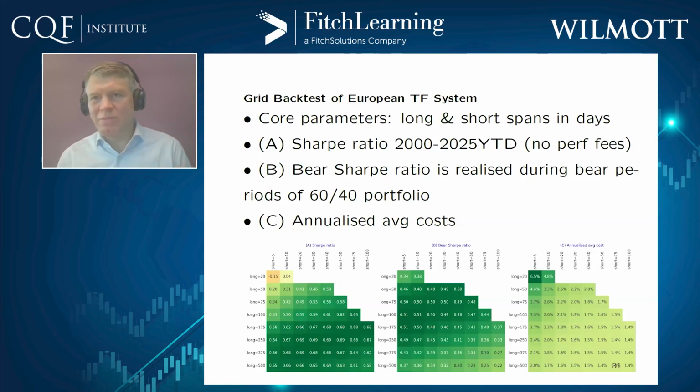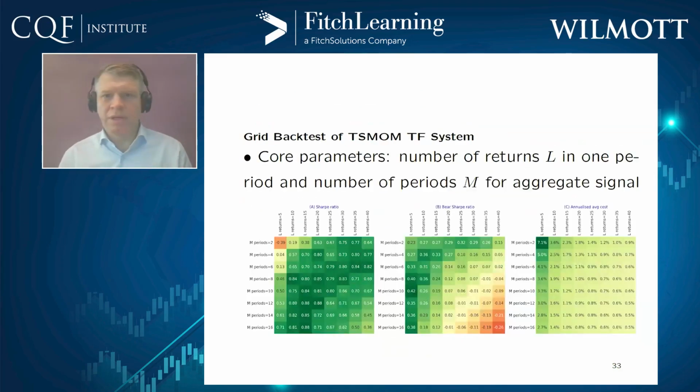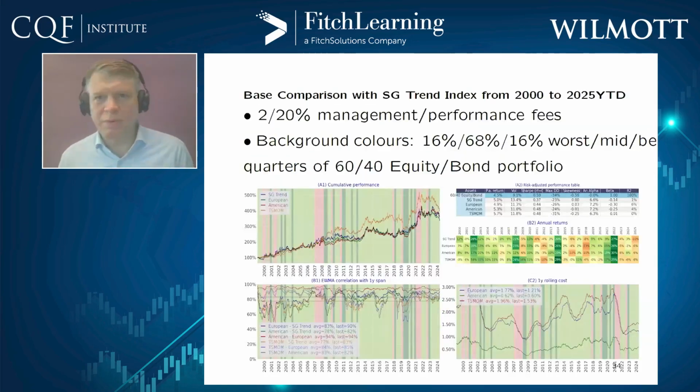We can find the optimal combination of these parameters that optimizes not only the Sharpe ratio, but also the defensive profile of the Sharpe ratio and reasonable transaction costs. For American systems, the same. For time series momentum, the same. And I choose some optimal parameters and compare with the SG Trend Index, which is the industry standard benchmark.